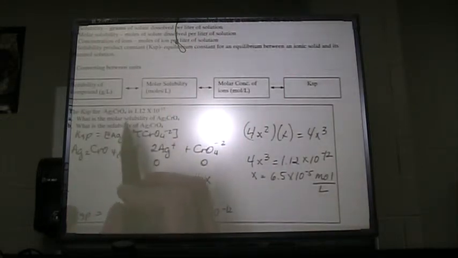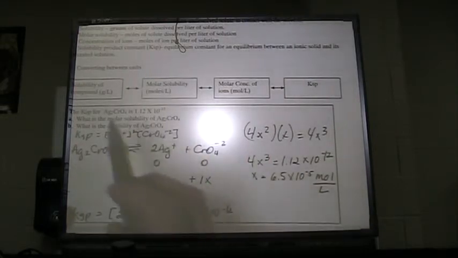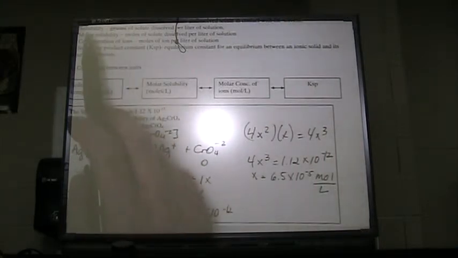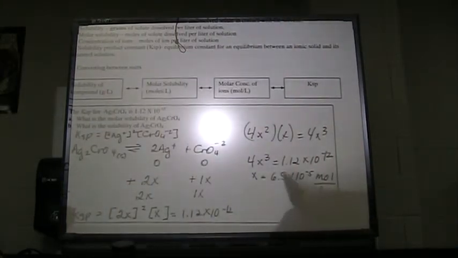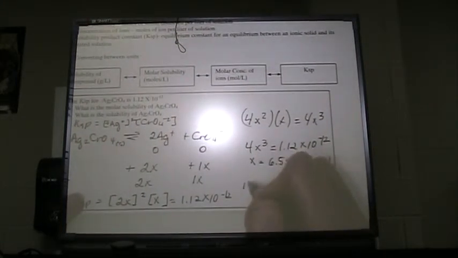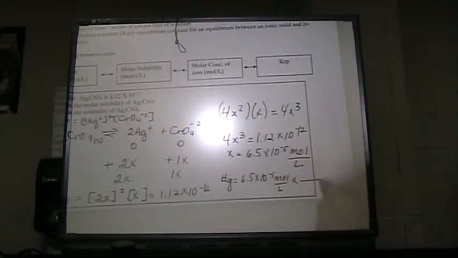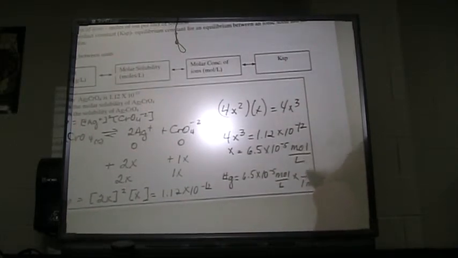So that's the molar solubility of the silver chromate. What's the solubility? And you'll notice they just said solubility. If they say just solubility, you are assuming they mean grams per liter. That's just a little calculation. The number of grams equals 6.5 times 10 to the negative 5 moles per liter of the silver chromate. 1 mole of silver chromate has a molar mass of 332 grams.